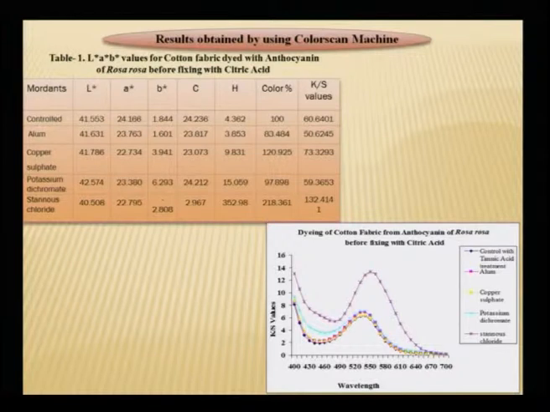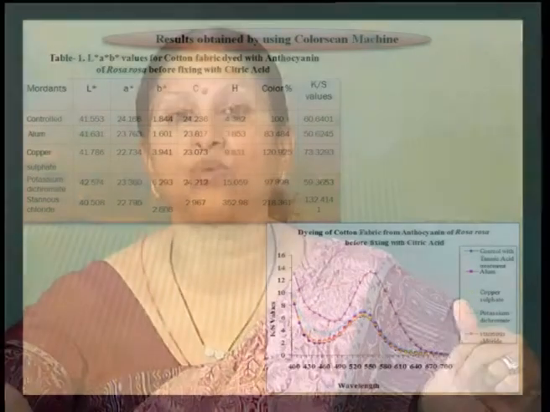So, we can conclude that for anthocyanin dye, stannous chloride mordant seems to have good functionality, and it does not fall into the dangerous category like copper and chromium.